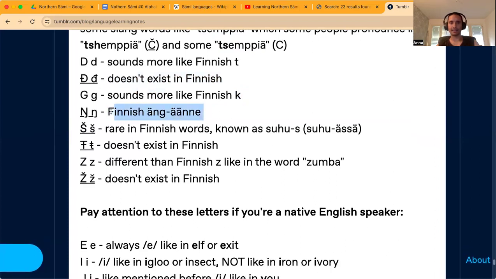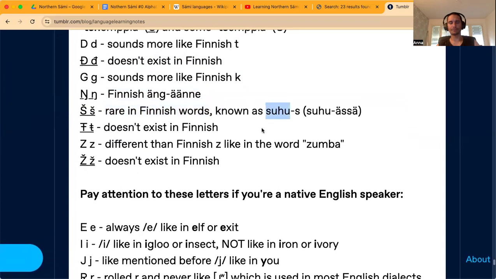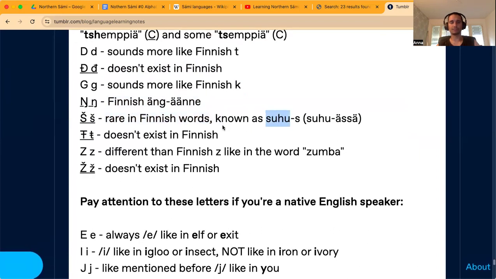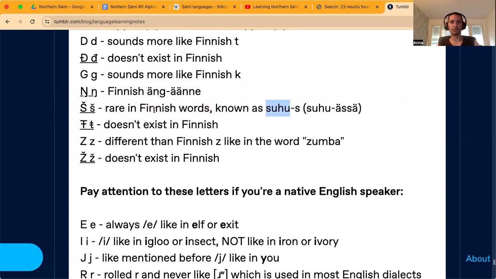G sounds more like Finnish K. Finnish ang, and, well, Finns know what I mean. Sh, rare in Finnish words. Sh is also difficult for Finns. Sometimes, like in the word Finnish, some people just say it without the sh. Or sushi, some people say it wrongly.